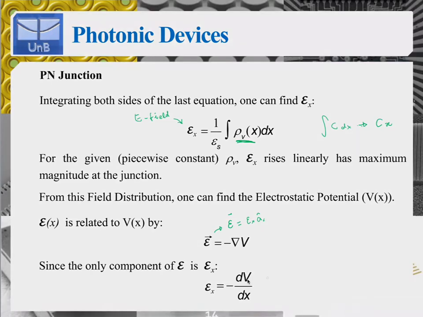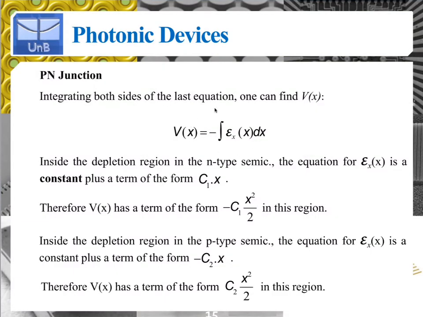What do we get if we integrate this? Well, you get V equal to minus the integral of the x component of the electric field, which is a function of x, as we've just seen, dx. So this is what we get. And now we only need to integrate the right hand side in order to find the electrostatic potential.